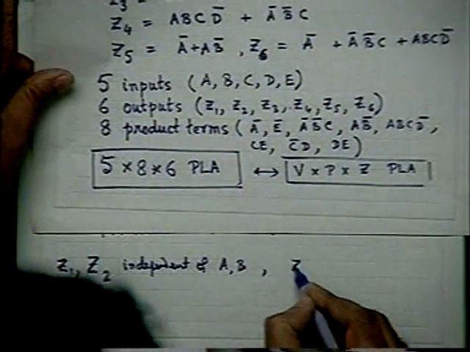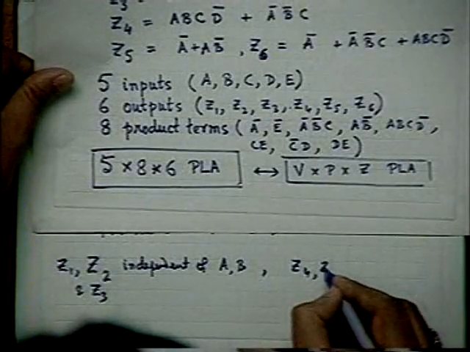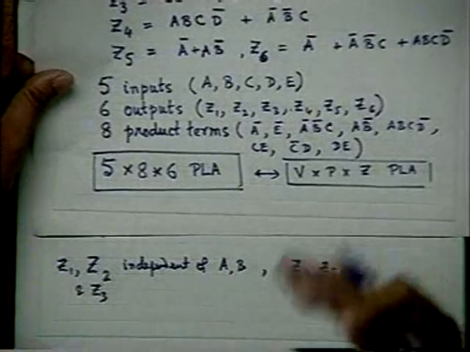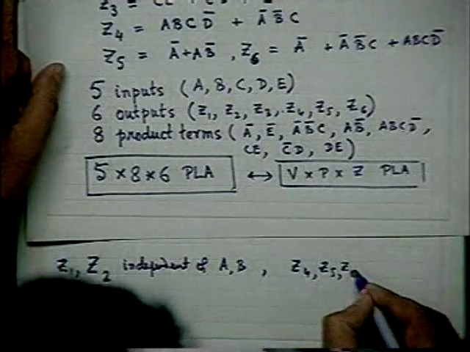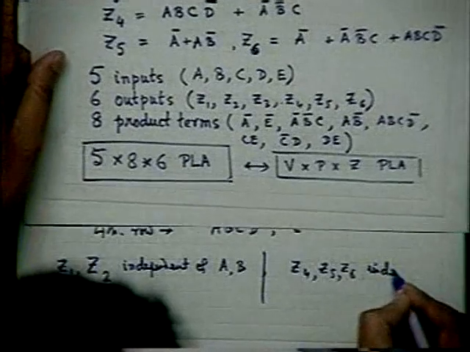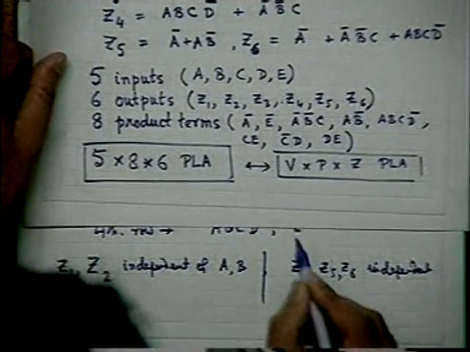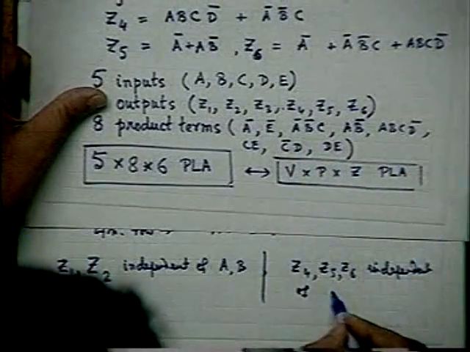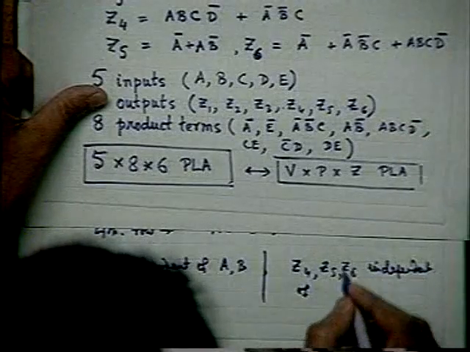Then what about Z4, Z5 and Z6? Of course, this example has been tailor-made, but it could be made very arbitrary. These three are independent of, more or less you can say, E and that kind of thing. C is there.